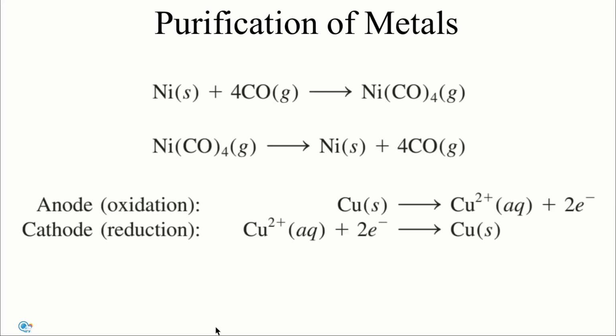Eventually, as the copper anode dissolves, these metals fall to the bottom of the cell. Thus, the net result of this electrolysis process is the transfer of copper from the anode to the cathode. Copper prepared this way has a purity greater than 99.5%.